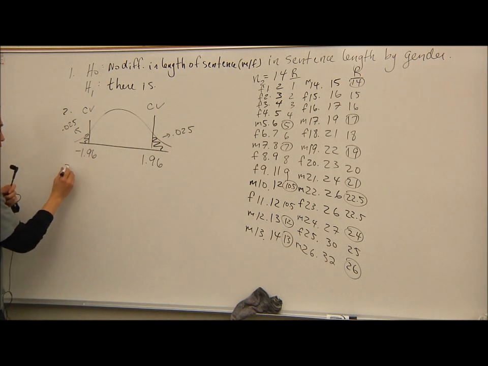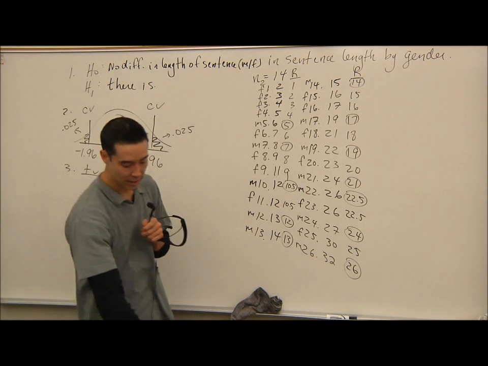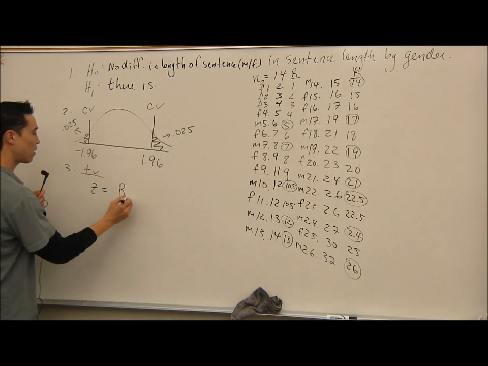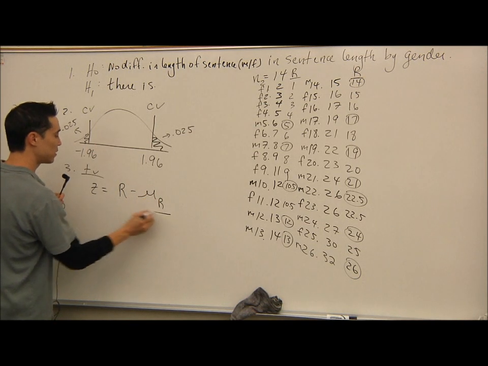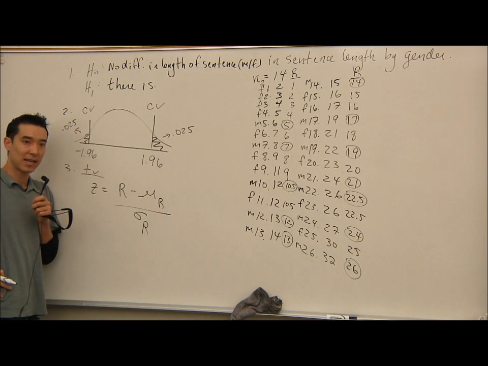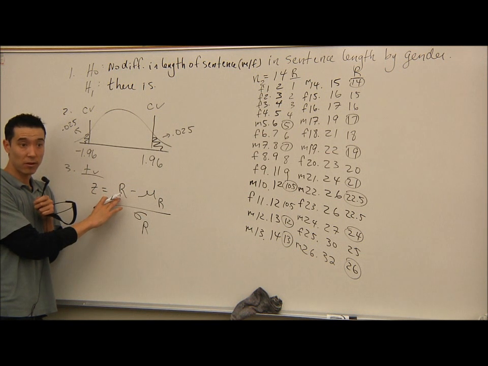Great. Step 3, test value. All right, what does my test value formula say? It's Z equals capital R minus mu sub R divided by sigma sub R. All of these are formulas. Capital R is adding up the ranks of the smaller sample.